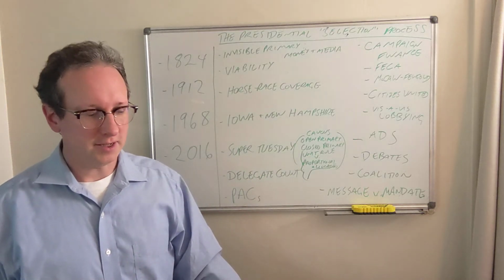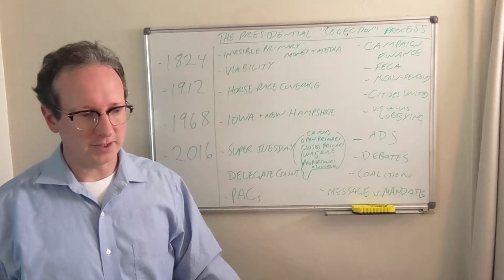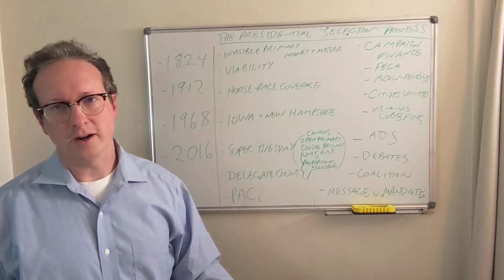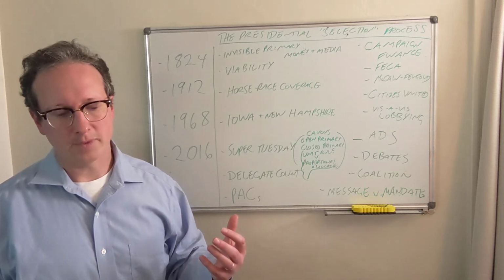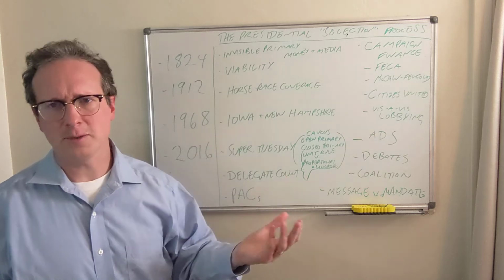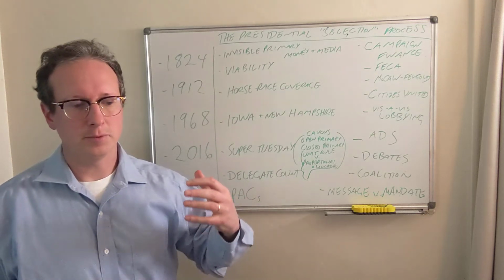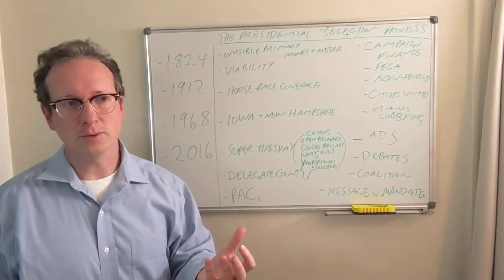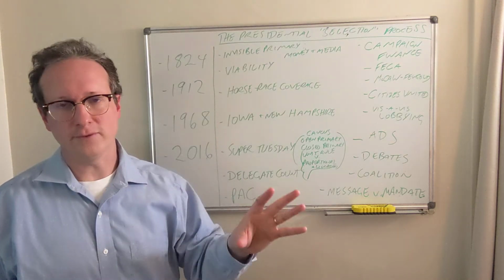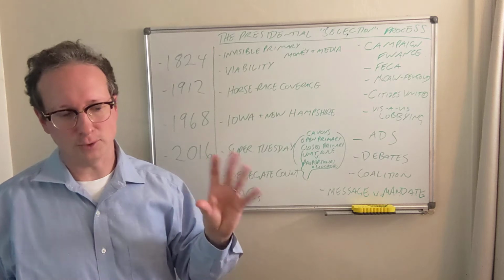And proportional allocation is what the Democrats do, and that really started after 1968. That is where a party primary is held, and as long as you receive something like 15% of the vote, then proportionally the percentage that you earn goes towards the delegate total in your state.